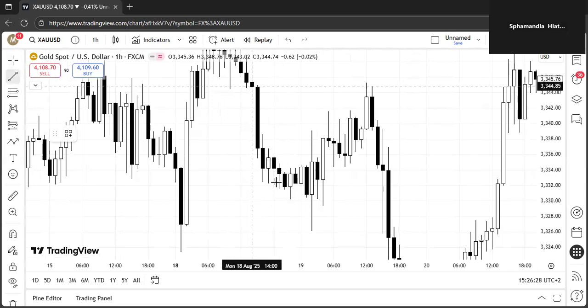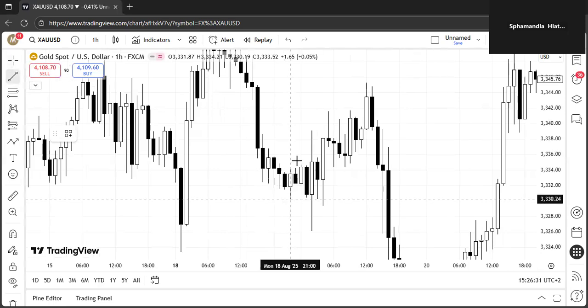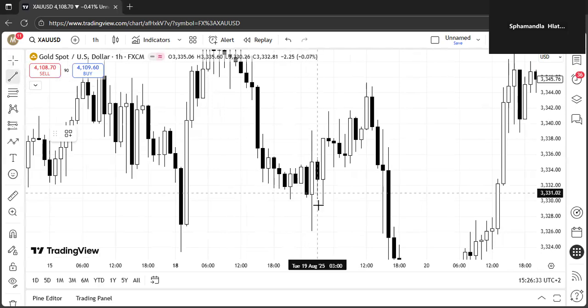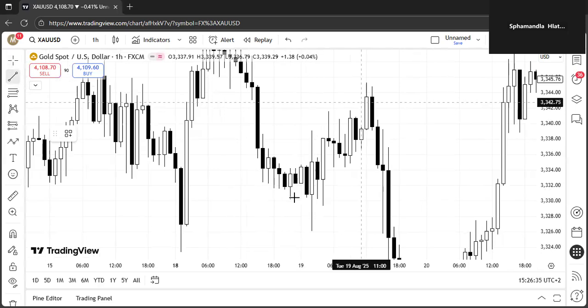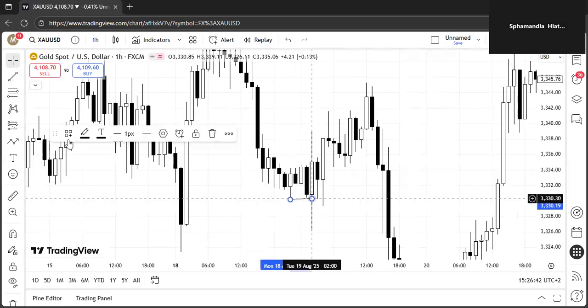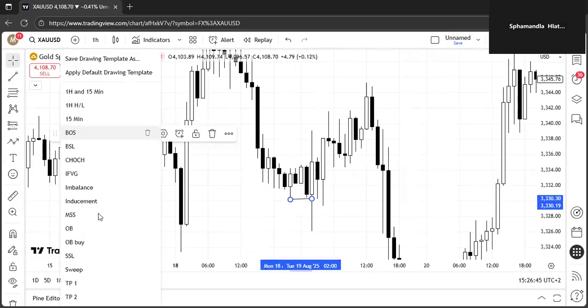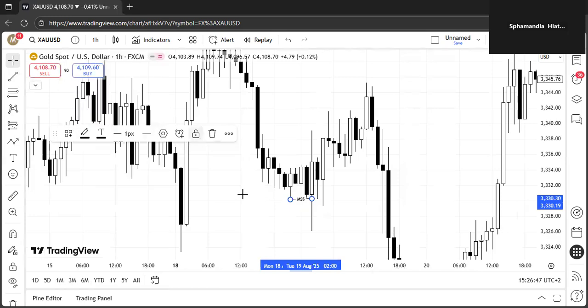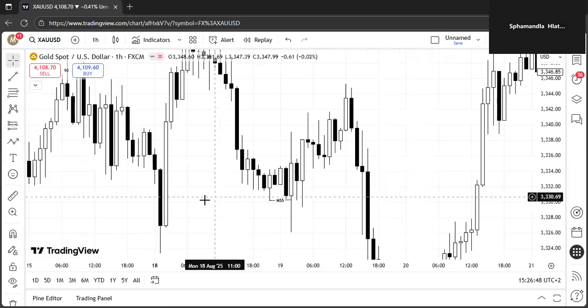It's been going down, and then it created this low, created this high, created this low, and then went back up again. So it broke the low that was created, making it our change of character to the downside.